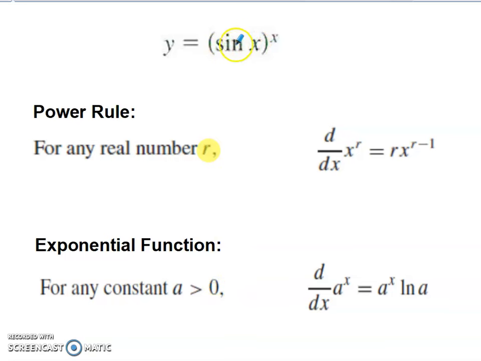Check out the base of this function here. It's got a variable in it. If you've got a variable in both the base and the exponent of a single term, and you would like the derivative of that function, you are going to need to use logarithmic differentiation. So that's why logarithmic differentiation is required here. It essentially gets us past the issue of having an x in the base and in that same exponent.